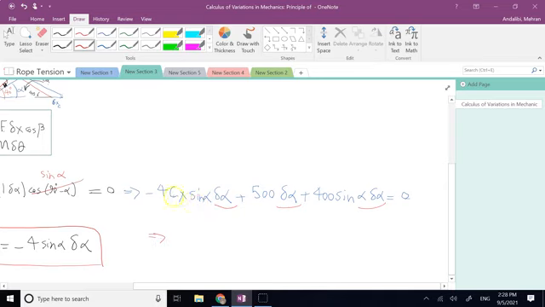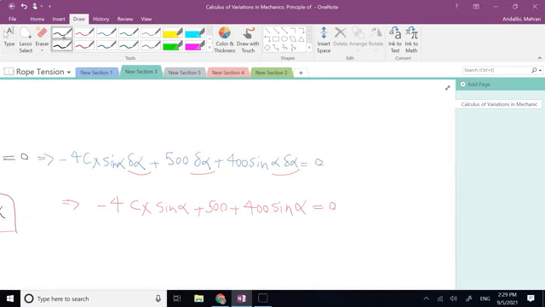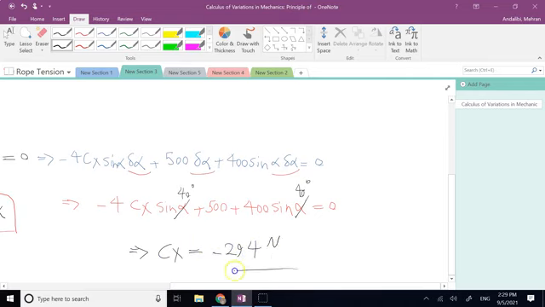Therefore the coefficient, which is all the other terms added together, should be 0. So it gives you negative 4 Cx sine alpha plus 500 plus 400 sine alpha equal to 0. At this moment, alpha is 40 degrees. Therefore, from here you can solve for Cx, and if you do so, you will get negative 294 newtons.